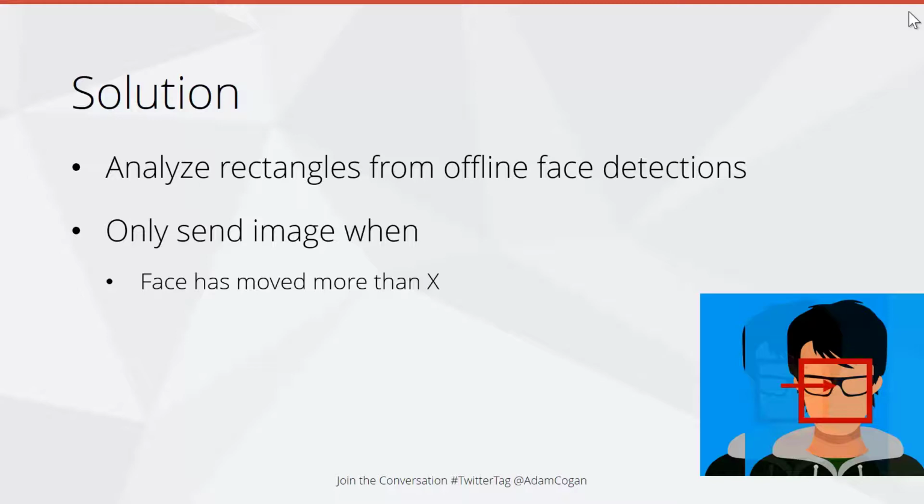Because this is a simple solution, we don't really know if somebody else comes into the view and we lost that face because of the blur, or because of various things that happen with offline face detection algorithms, simply because we don't have a full picture of what's going on.